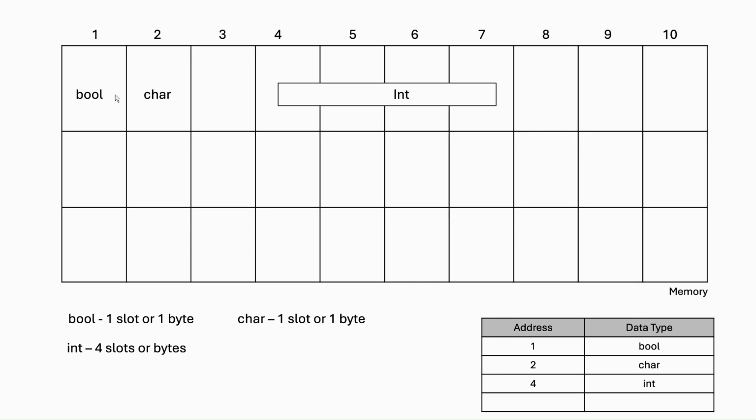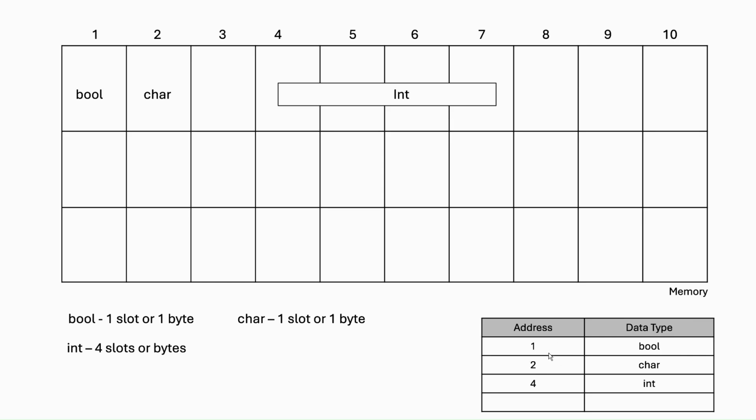In the same way, when data of Boolean type comes, we store it in memory address one. We kept a register for parking, right? Similarly, C++ keeps track of which address contains which data type.